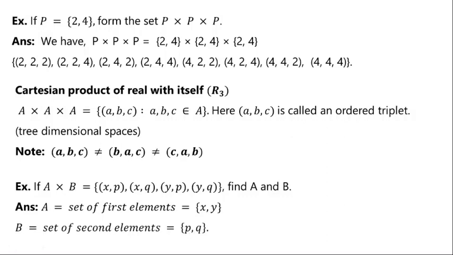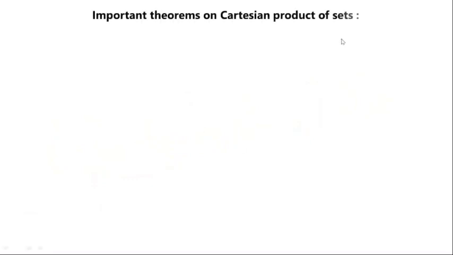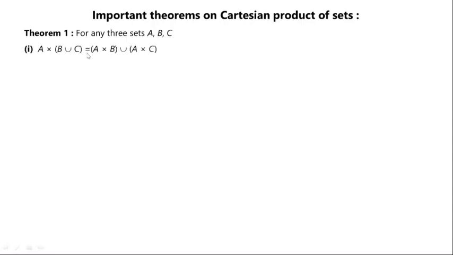Next we have important theorems on Cartesian product of sets. The first theorem, which we already have in the examples: for any three sets A, B, C, first we have A cross (B union C), that means the Cartesian product of A with respect to B union C, is equal to (A cross B) union (A cross C).